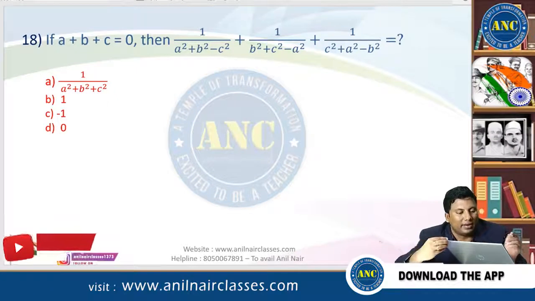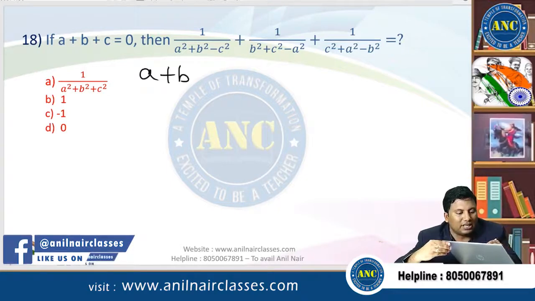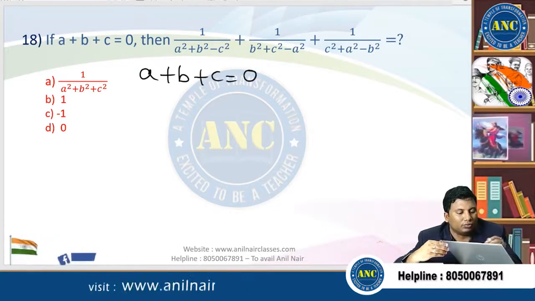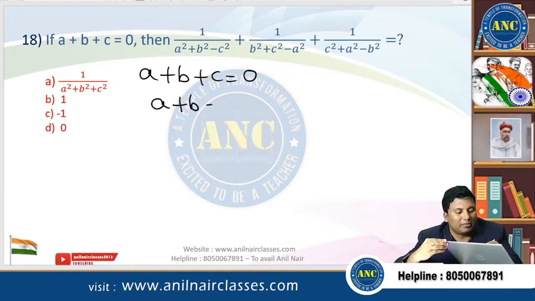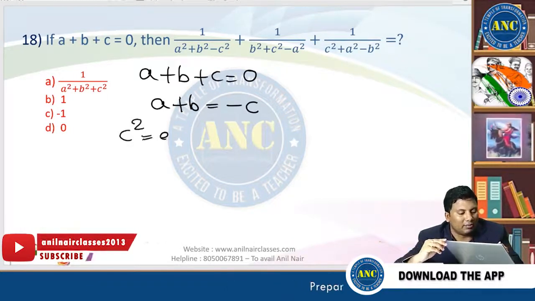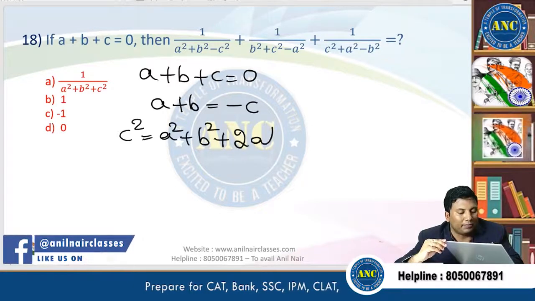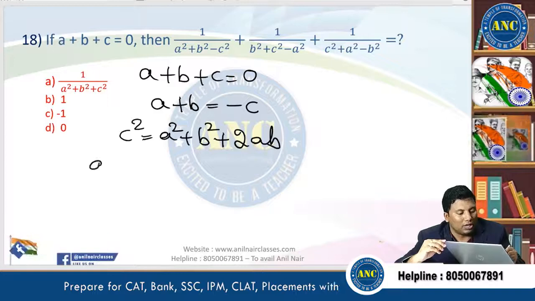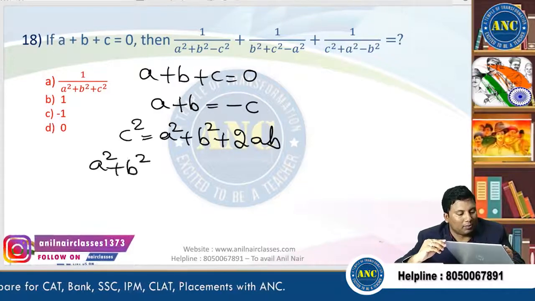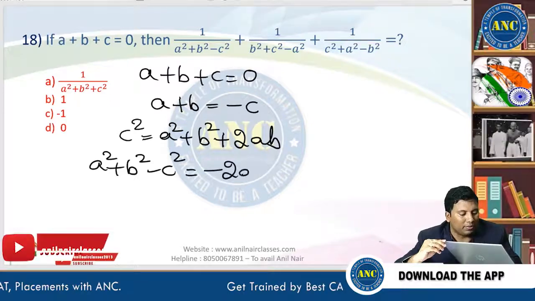Now if you see here, a plus b plus c is 0. A plus b is minus c. C square is nothing but a square plus b square plus 2ab.